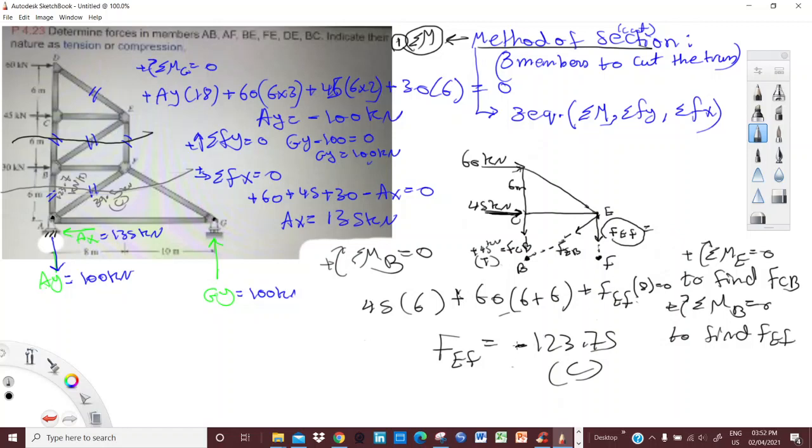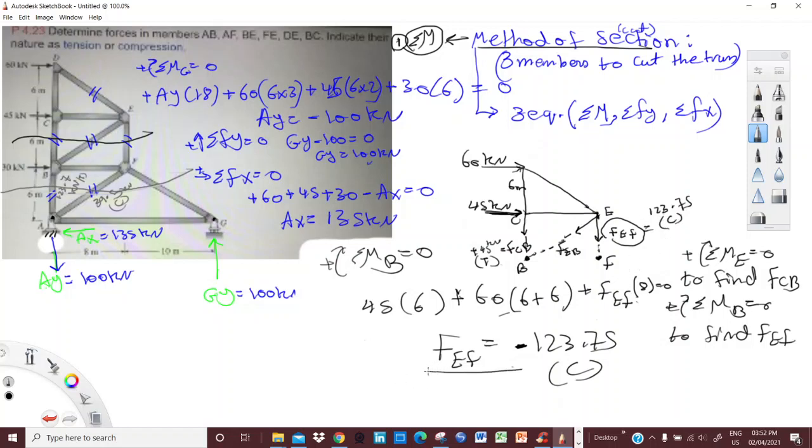Here I found it negative, so I write compression. It's better to say 123.75 compression without putting the minus.